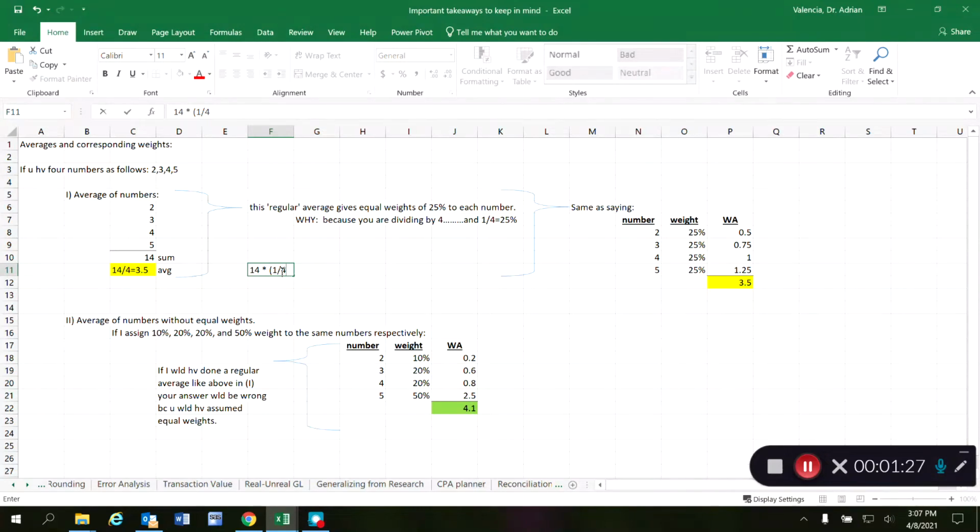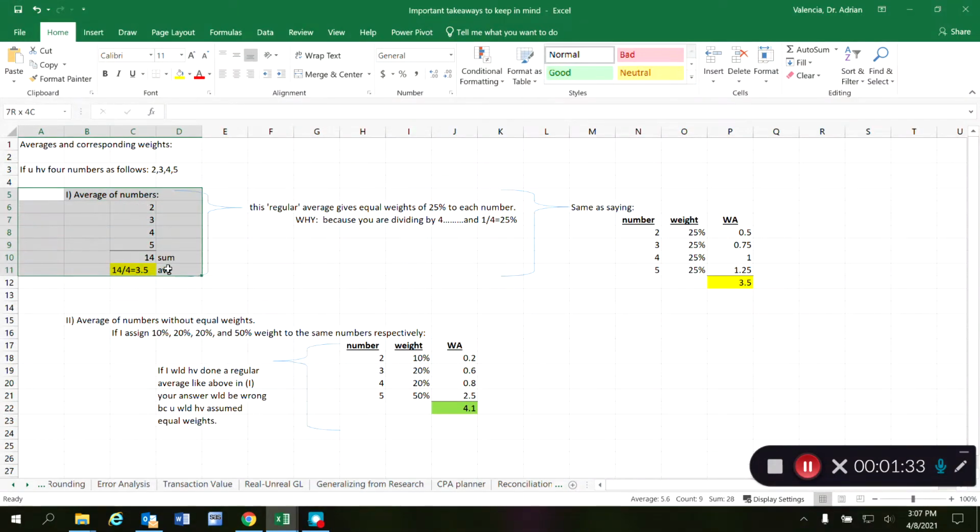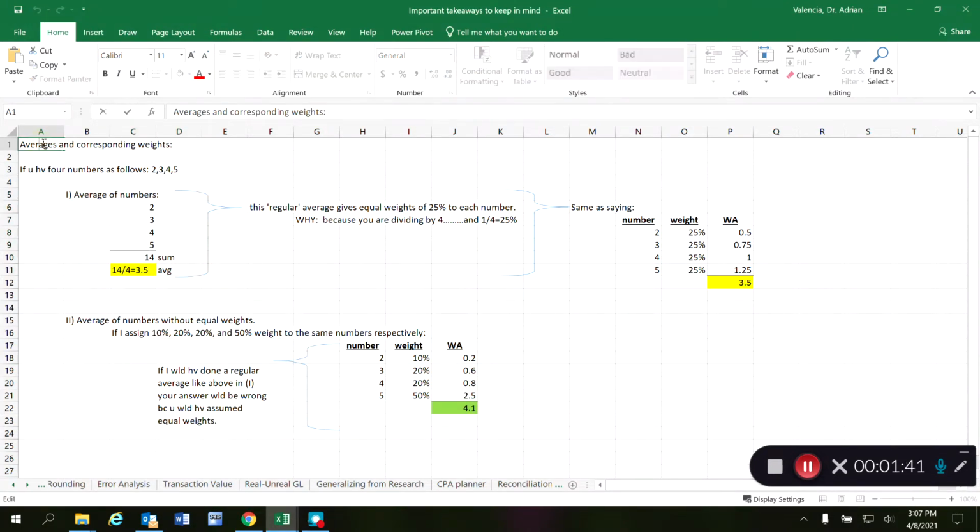So even in its simplest form, this average that we are referring to as a plain average is really a weighted average. The title here, averages and the corresponding weights, implies that every average that you always do is a weighted average.